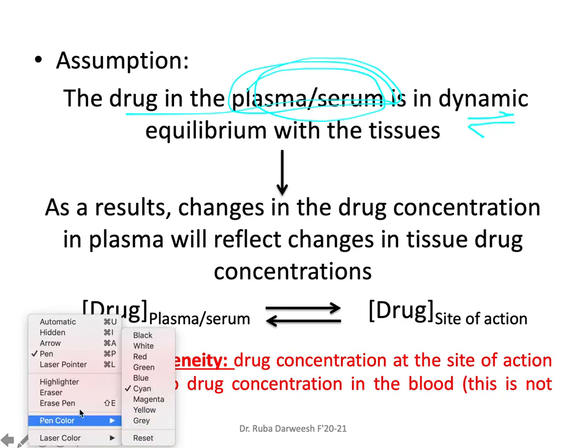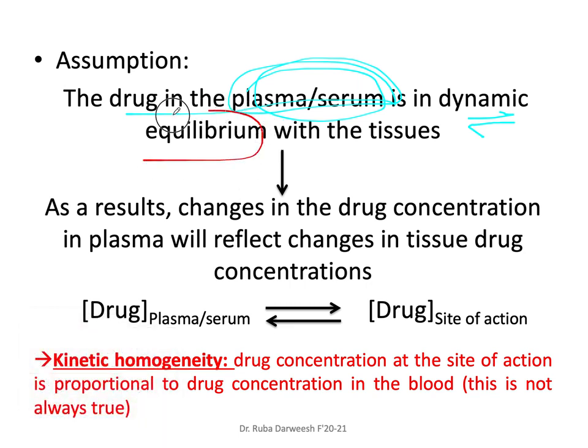It's not equal. It's not the same. It's just equilibrium with the tissues. The drug in the plasma or serum or biological fluid that we are measuring is in equilibrium with the drug at the site of action or tissues or organs. This assumption is very important because, according to this, we are studying the concentration of the drug versus time.